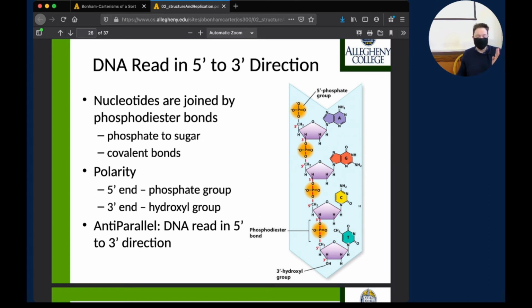You don't see the complementary strand there, but if I were starting at the T on this strand, the complement of T would be A, and so I'd be starting at A and moving up to the next one. What would the next one be? If we have C over here, what would be the complement?